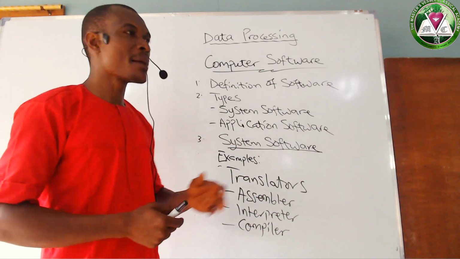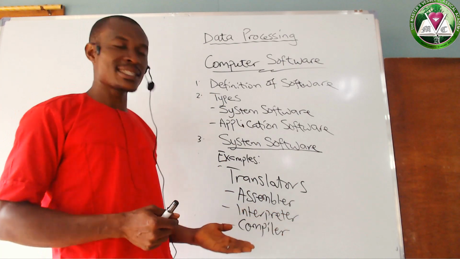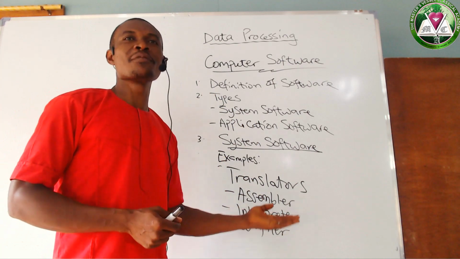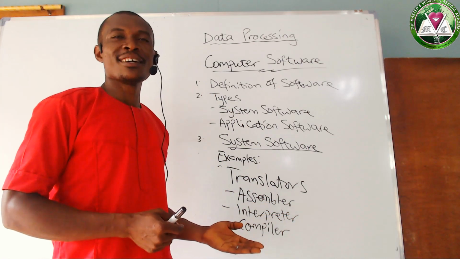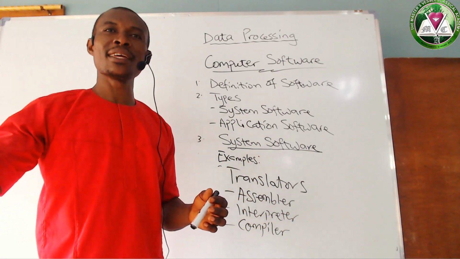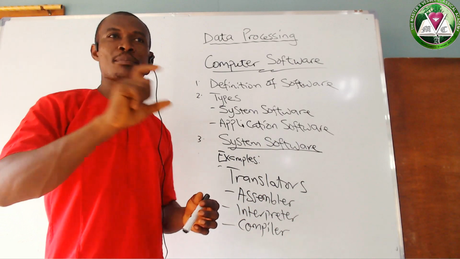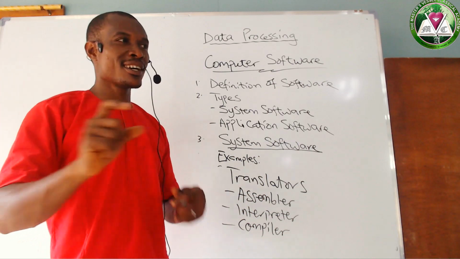And now, one might be asking, what is the difference between interpreter and compiler? The difference here is that the interpreter translates line by line, depending on how the syntax of the program is written.